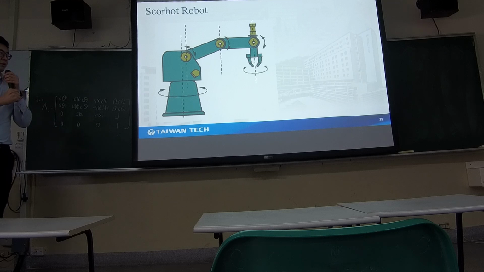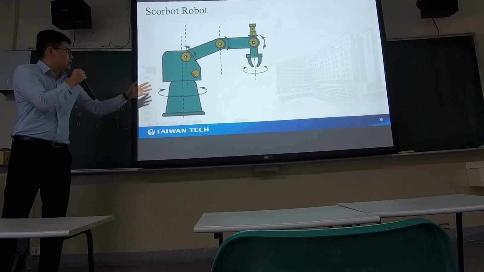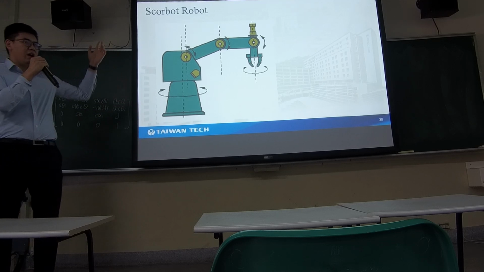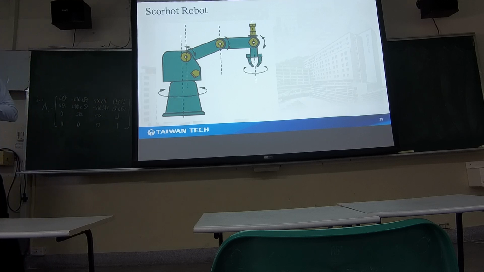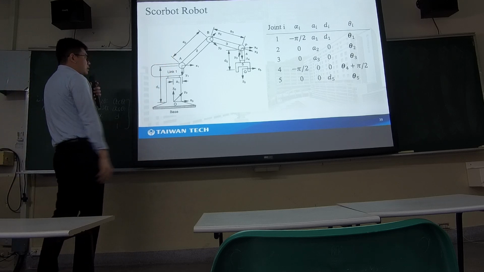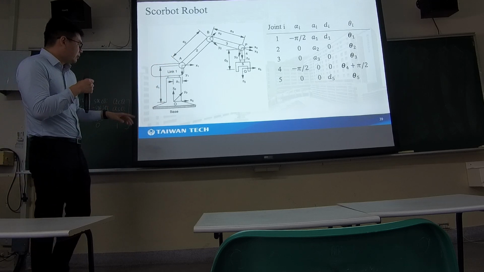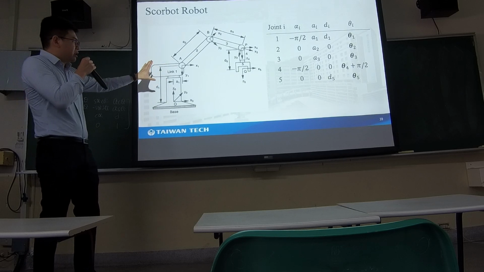And we'll quickly go through the Stanford arm since we lack time. So this is the Stanford arm. I think we had the photo in our previous slide. And this is how we set up the coordinate systems. Ideally, this will not be our zero configuration.